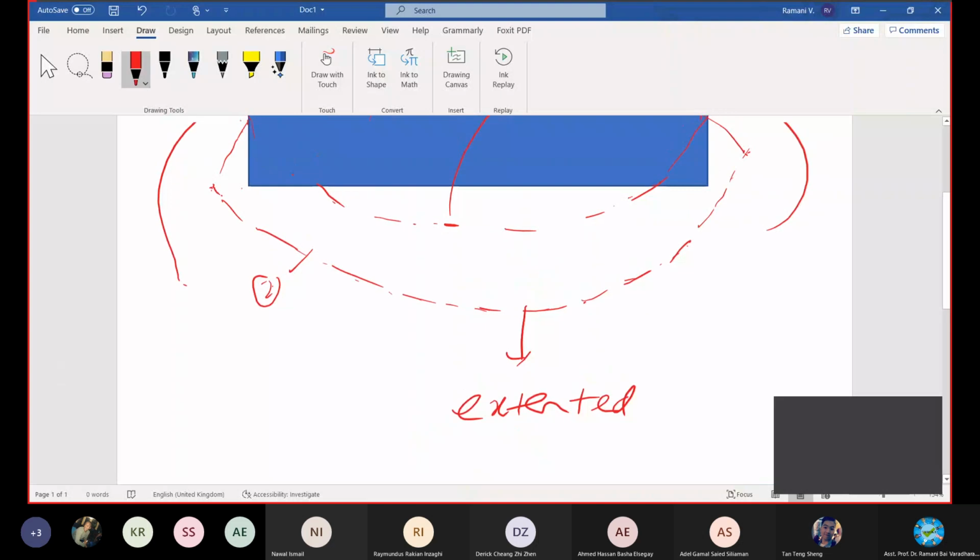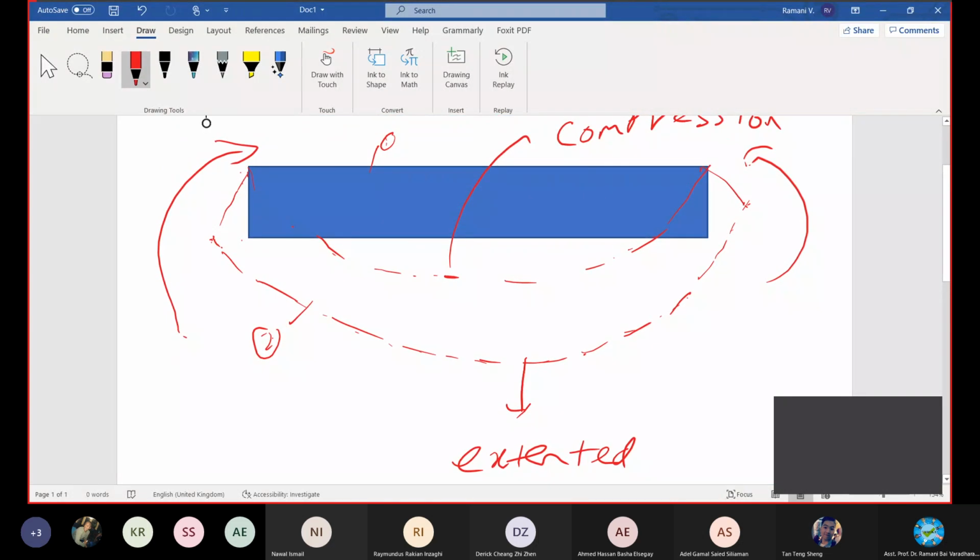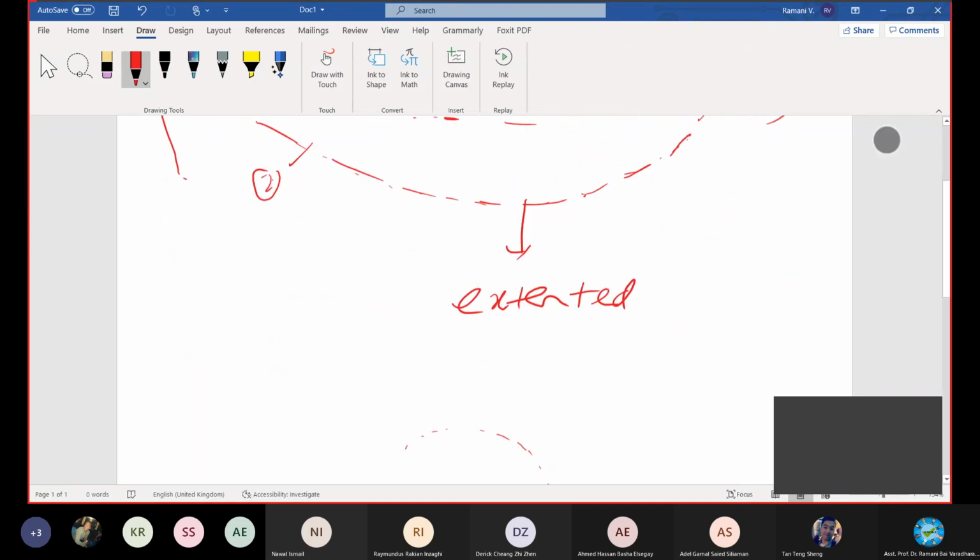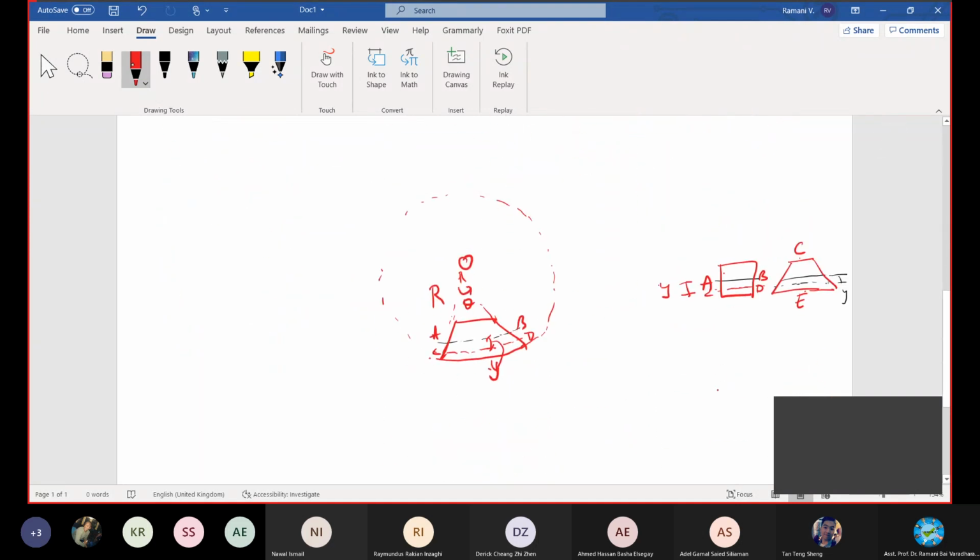I repeat once again, we have taken a beam of length L, and applied moments. Because of the moments, it will have bending like this, and the deformed position is shown here. Once this is deformed, then conditions are taken like this. Neutral axis is marked as AB.